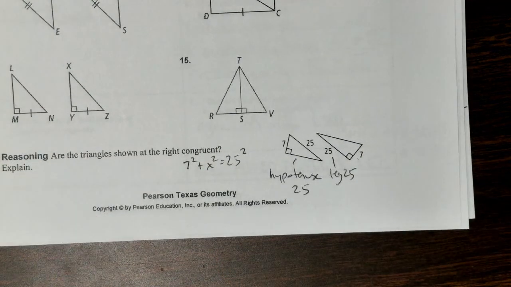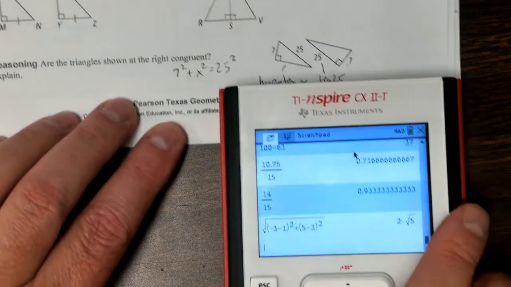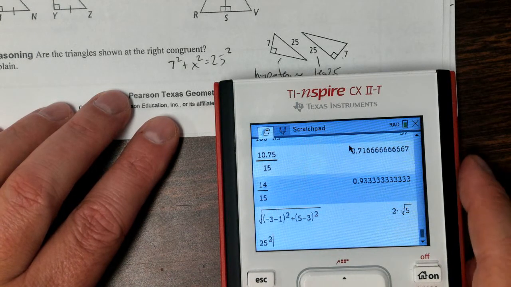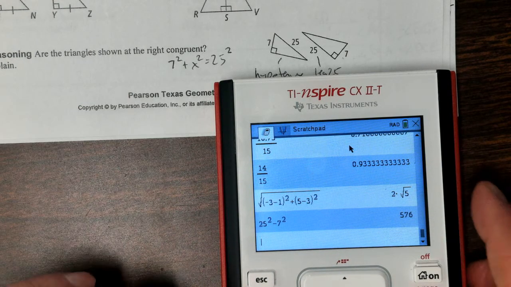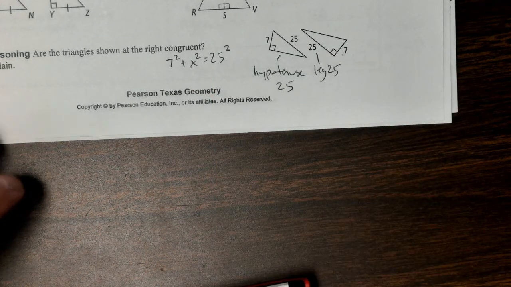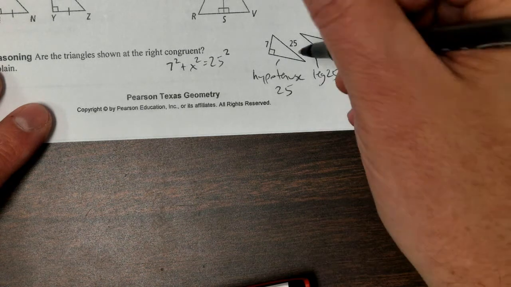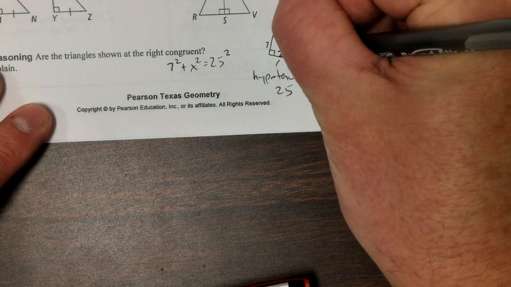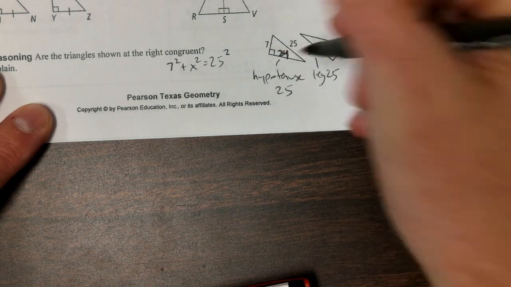And then just work it on your calculator. 25 squared minus 7 squared is 576. And so then you get this as 24. So I'm going to put 24 for this one.